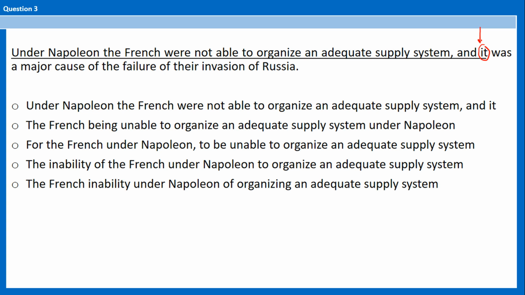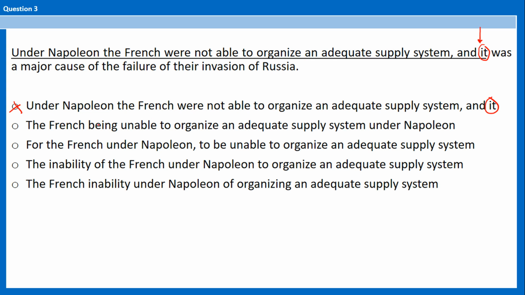They need to replace a noun, and that noun has to be stated. It has to be clearly stated somewhere in the sentence, either before or after the pronoun. That it doesn't have a referent. What is it? Nothing. So you can eliminate number 1.